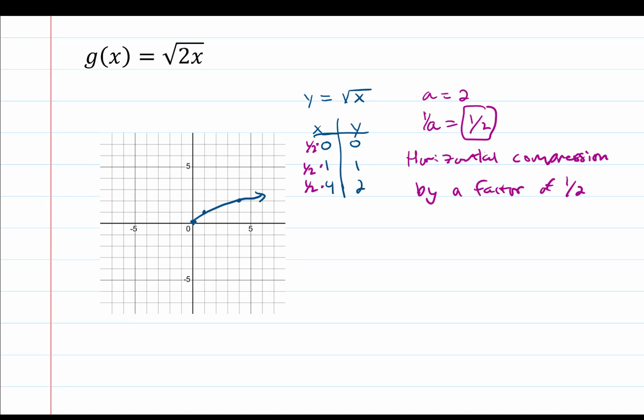At no time does this horizontal stretch or compression impact the y coordinates, just the x coordinates. I will then have 0, 0, 1/2, 1, and then 2, 2. So that would be the graph of the square root of x horizontally compressed by a factor of 1/2. All right, guys, good luck.